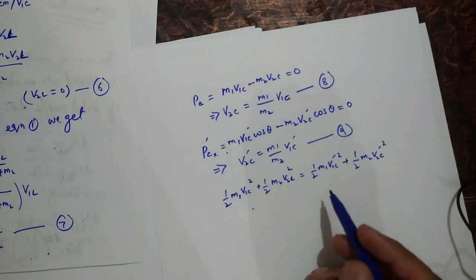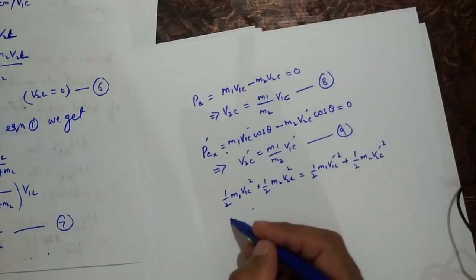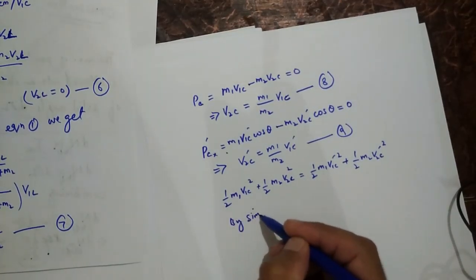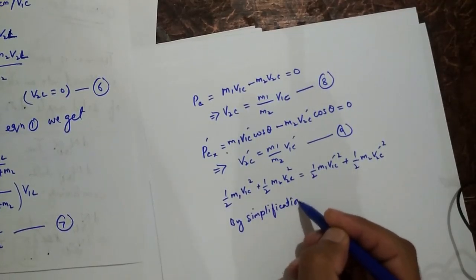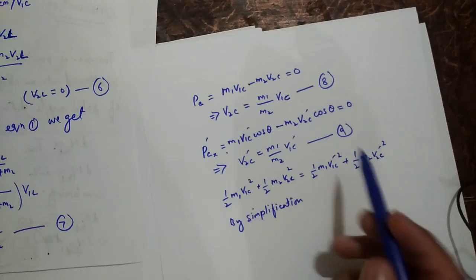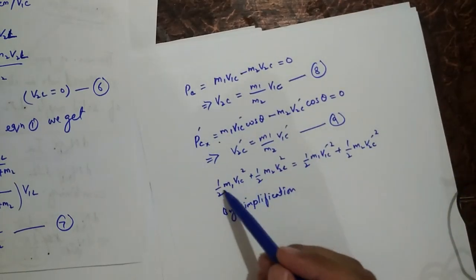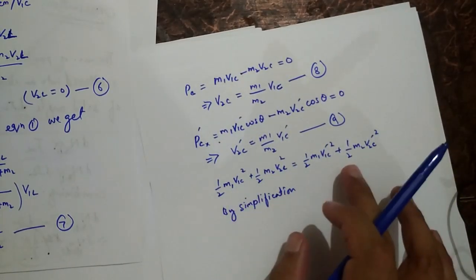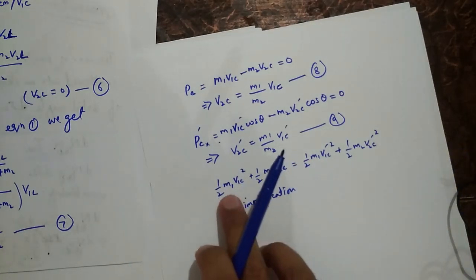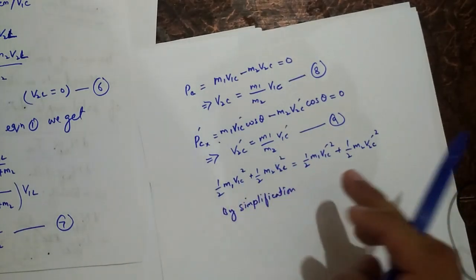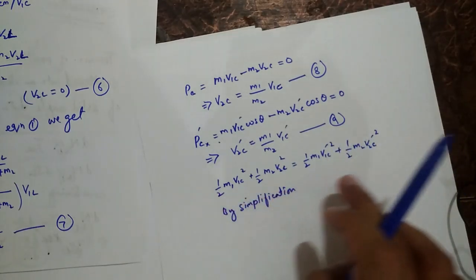By simplification, there is no difficult task. Take 1 over 2 from left side and right side common, both will cancel with each other, and similarly m1 and m2 will cancel with each other.